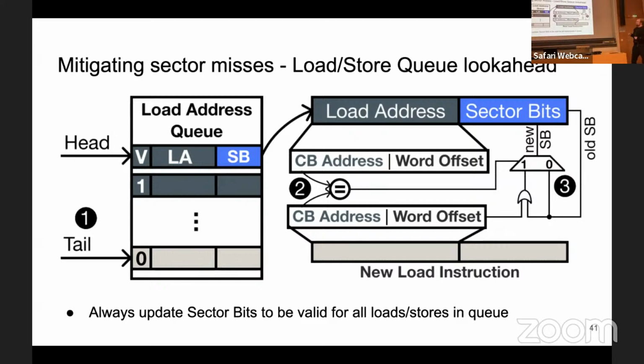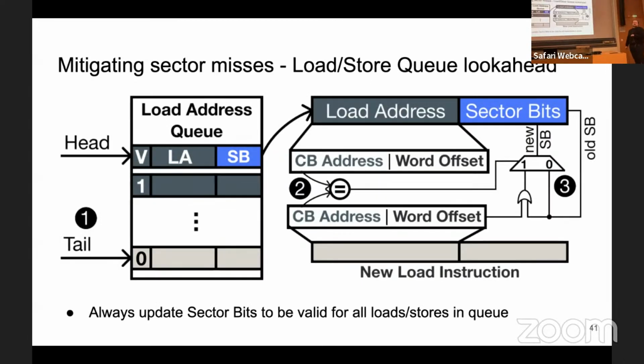So let's say we have one load instruction up here that just wants to load sector 1, and we have one load instruction that comes in new and wants to access the same cache block, but just wants to load sector 8. Well, then when we load this the first time, we immediately load sector 1 and 8 because we know we'll otherwise have a sector miss later.